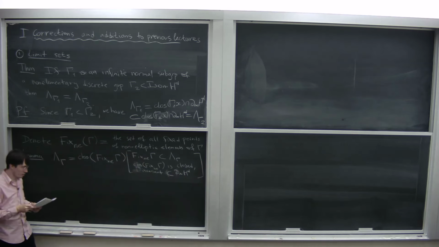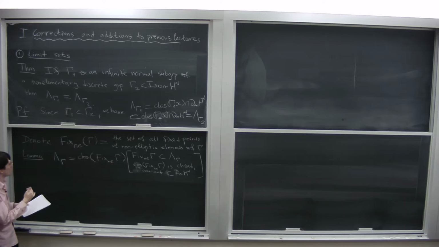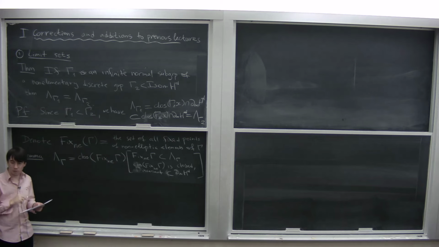Okay, then we are going to use this lemma, of course. So what I'm going to show is the following. I want to analyze the fixed point sets of non-elliptic elements, and let me say the following. First of all, I notice that gamma 1 is infinite, right?